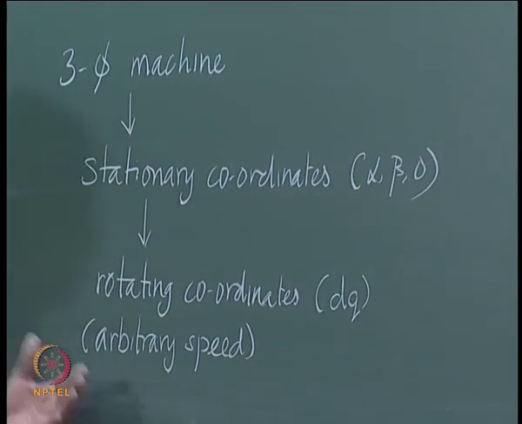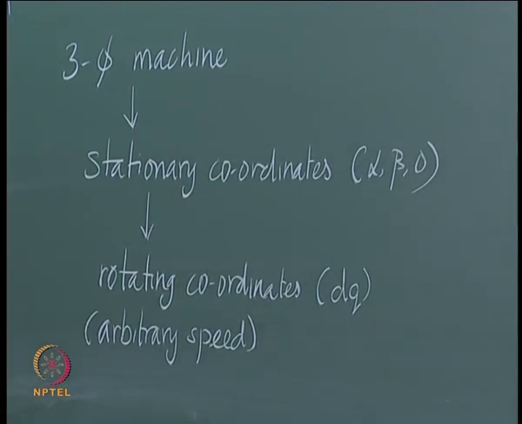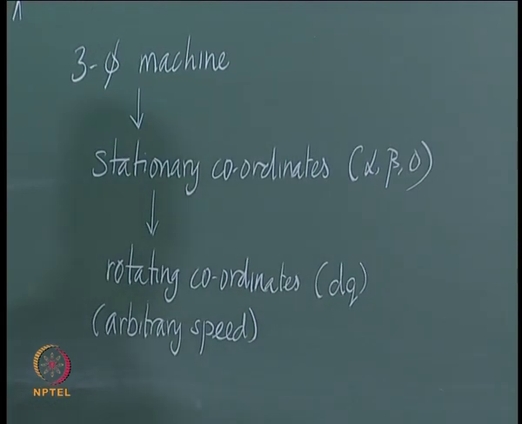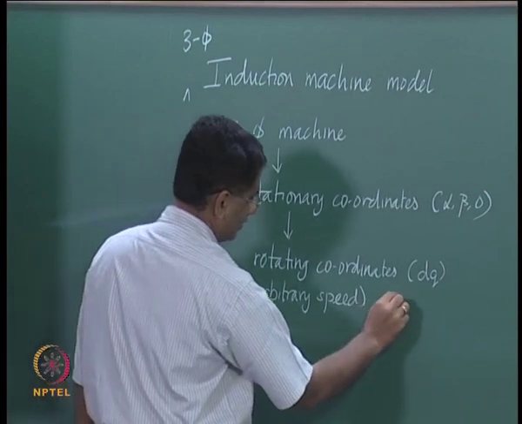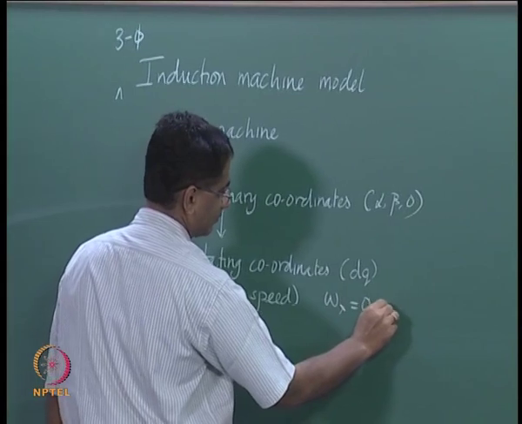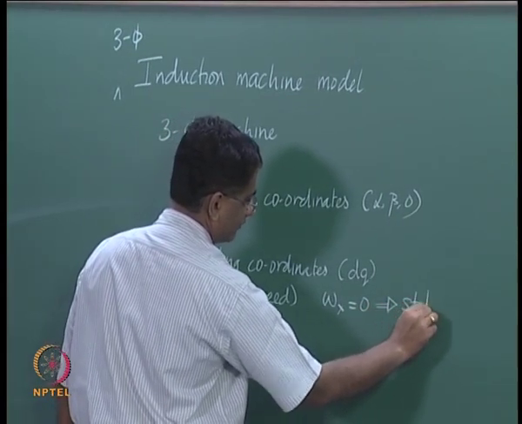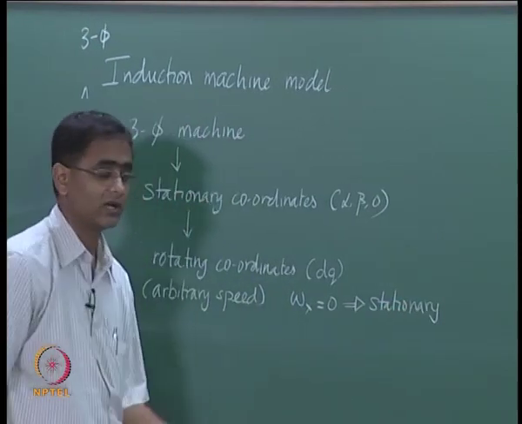whereby you get a general machine equation which, by appropriately substituting the value of speed, the normal values of speed that are of interest in studying the induction machine are omega x equal to 0, in which case it goes to the stationary frame. That means the rotating axis have a speed of 0.